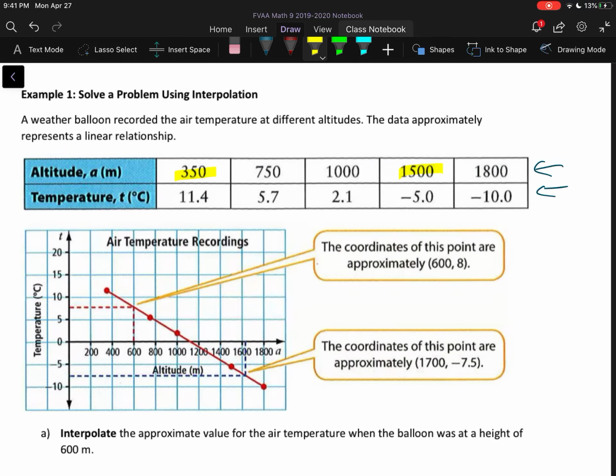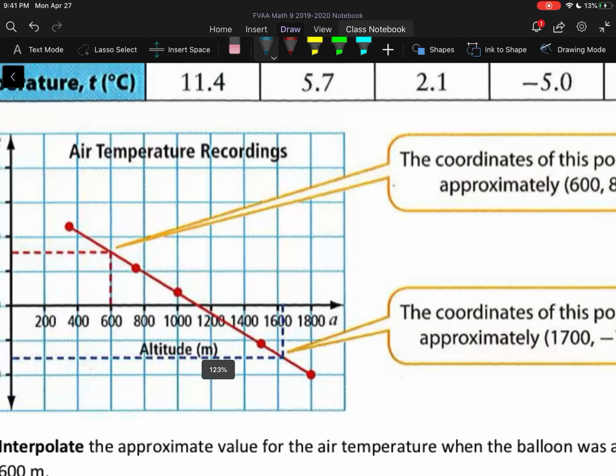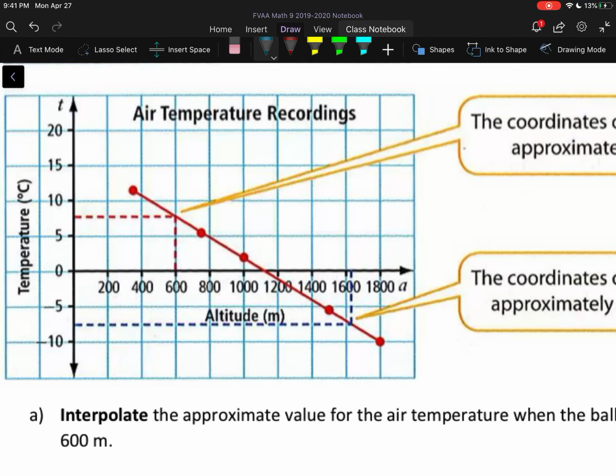So some real differences here when it comes to temperature and what you experience based on how high you are. And this is the graph we have here, right? Air temperature, and this red line represents the points that we have on the table.